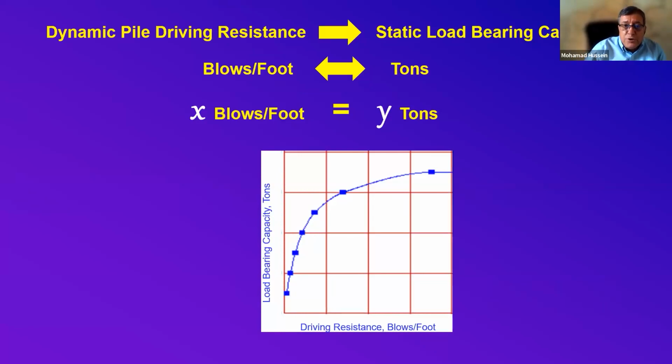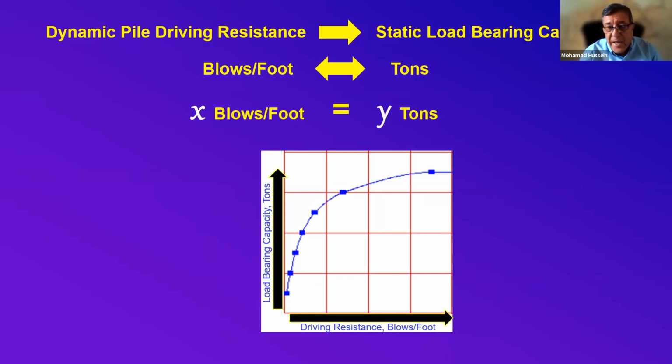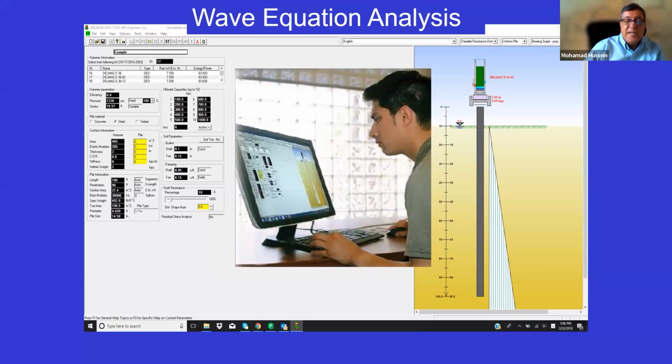We know that the relationship typically is the more blow count we have, the more load-bearing capacity the pile will carry, but up to a point where we will approach refusal, where the load bearing would be asymptotic and no more increase in load because we have reached the maximum capacity of the hammer to mobilize resistance.